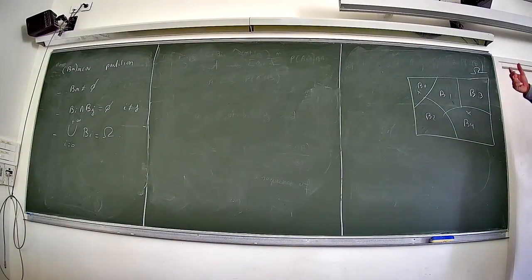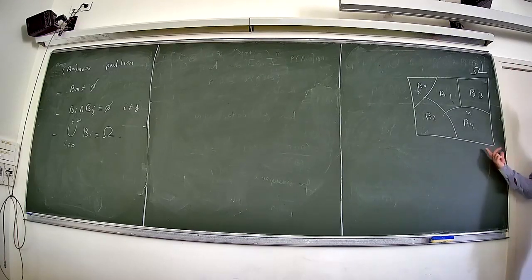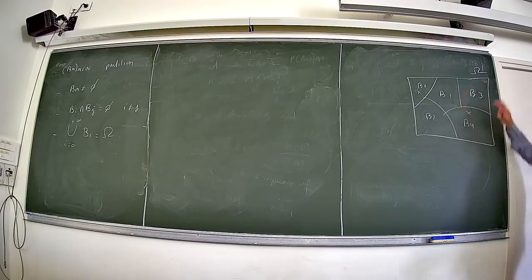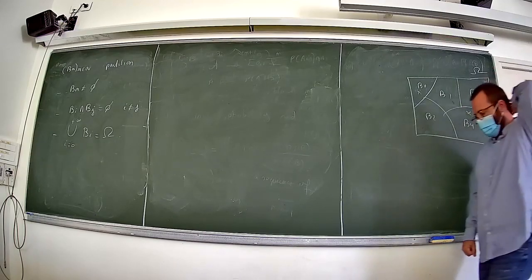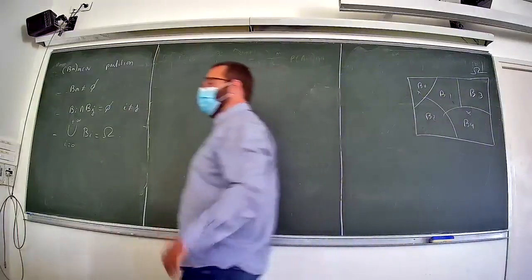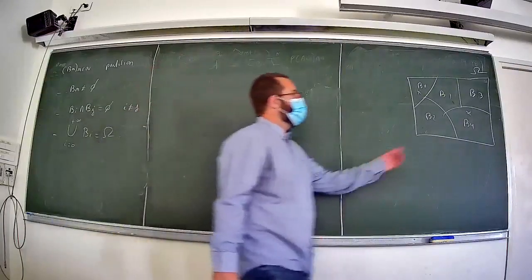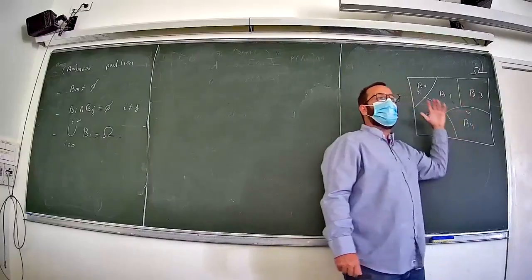Here I write what a countable partition is, when I have a sequence of sets. Here, it's a picture of a partition with a finite number of elements, but you can consider an infinity of them. It allows you to separate the big universe into smaller parts.